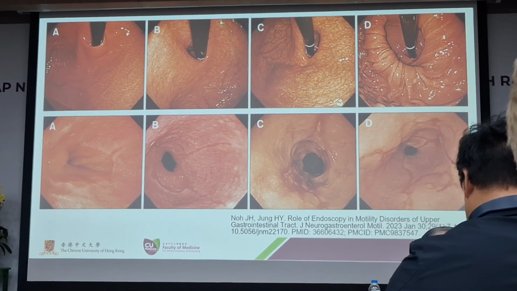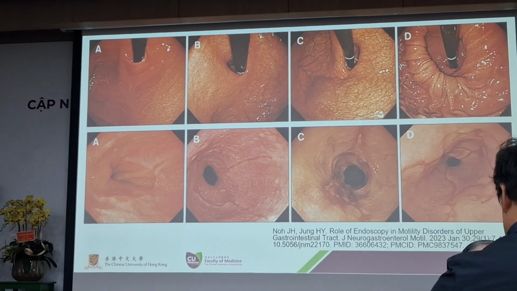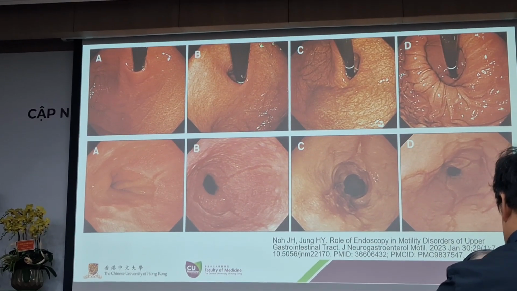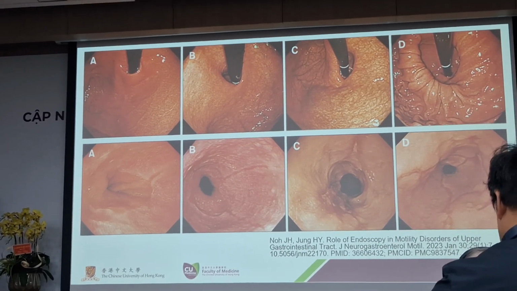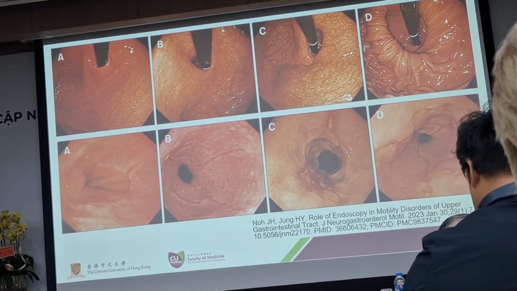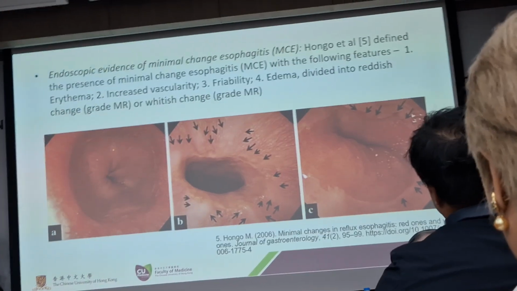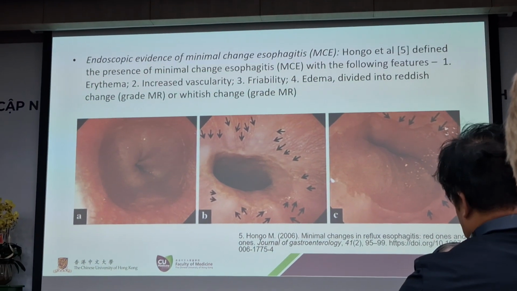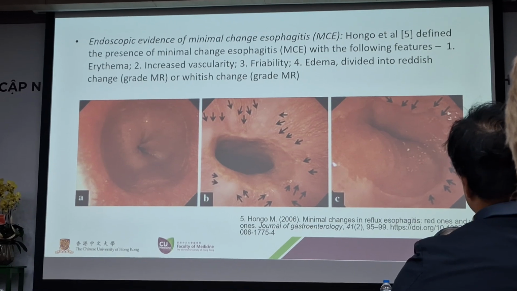And there are many classifications, for example the Hill valve criteria, and you also want to look at the OG junction to document whether there is any evidence of erosive reflux esophagitis, be it LA-grade reflux esophagitis, or Barrett's esophagus. And now we would push it further. Besides LA class A, B, C, D, there is an entity called minimal change esophagitis.